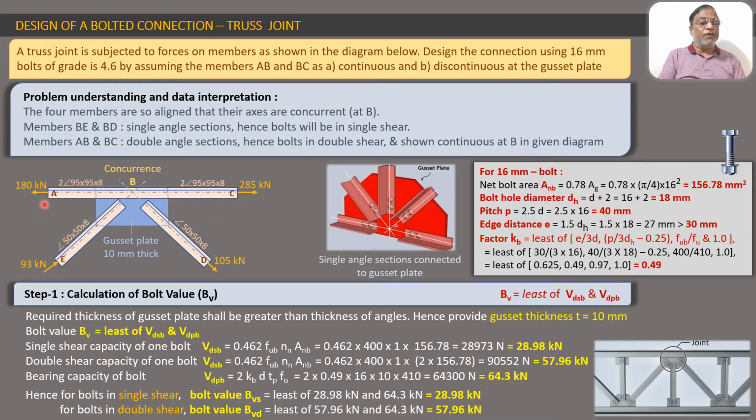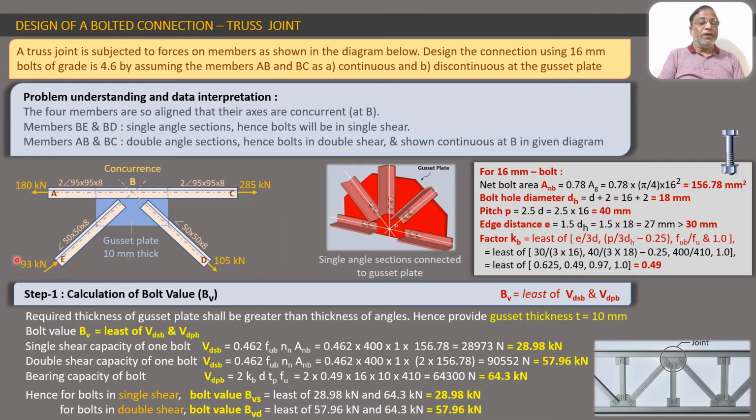Now on the contrary, if we look at AB and BC, we know that they are made up of double angle sections. So since they are double angle sections, the bolt will be subjected to two cross sections of shear at a time. So the bolts for AB and BC will be in double shear.